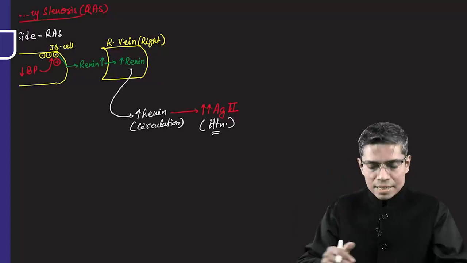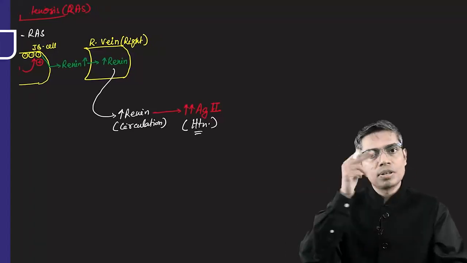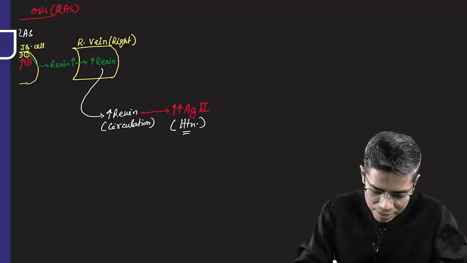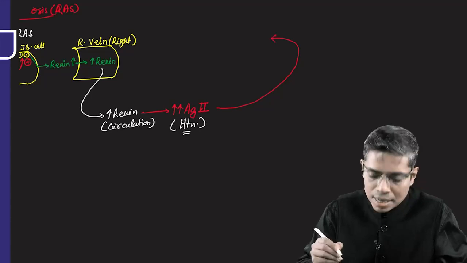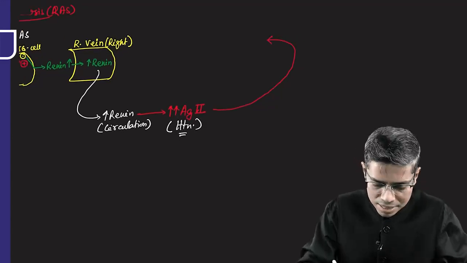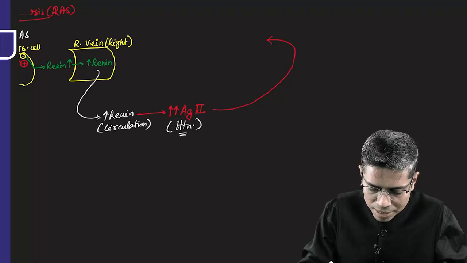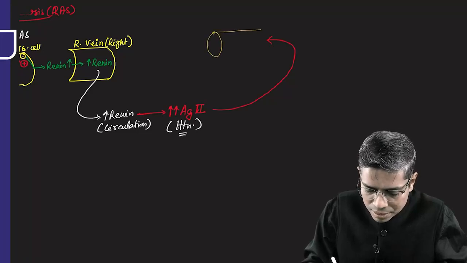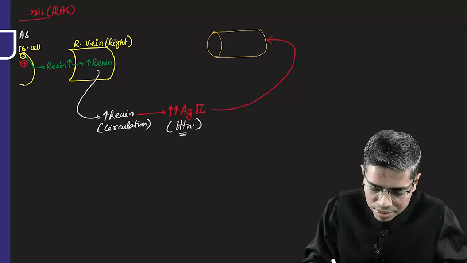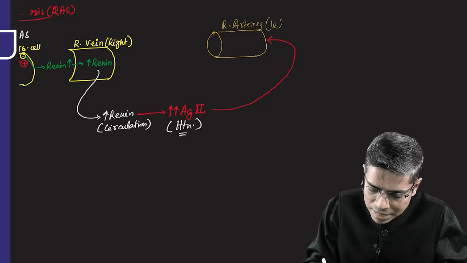Now, this increased angiotensin is flowing through your circulation. When it reaches the renal artery on the other side, I am drawing the renal artery here. So this is the renal artery on the other side, the left-sided renal artery.